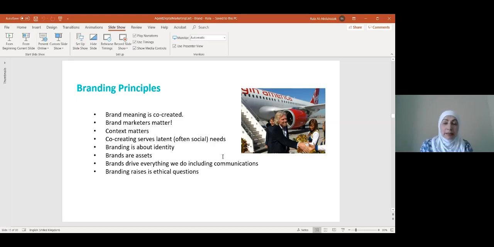The marketers matter, of course, but they really need to understand the other stakeholders, particularly the clients, those potential students that you want to recruit. The context matters, so where they are in the world, in which country, in which region, what language they speak, how they think, what is their culture, and then how they communicate and where they get their information and how they judge what they value are significant.